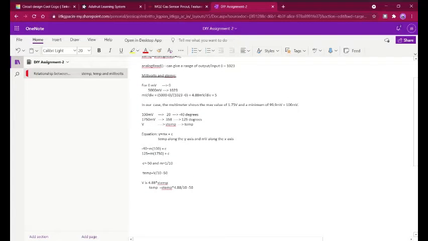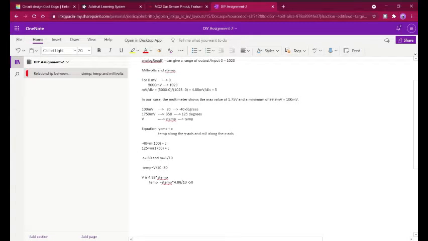I have assumed the relation between temp and mV as a linear one, and have assumed temp to be along the y-axis and mV to be along the x-axis. And on substituting the minimum and the maximum values in this equation, we get the values of C, which is minus 50, and M as 1 upon 10.